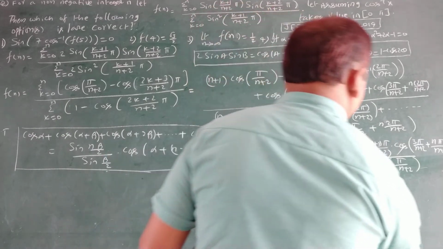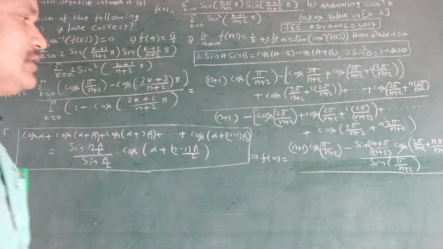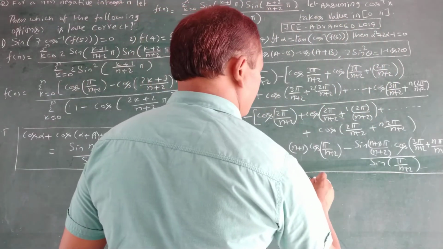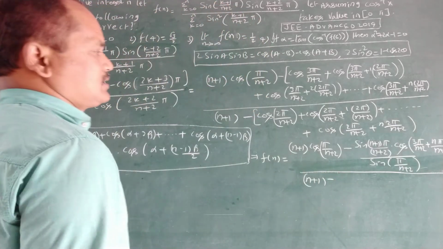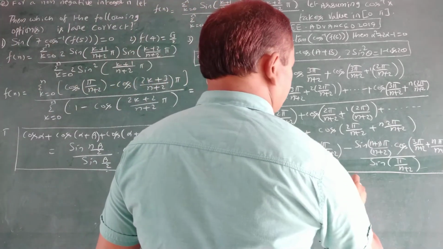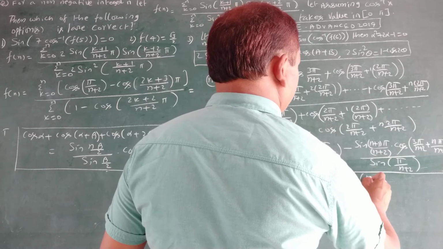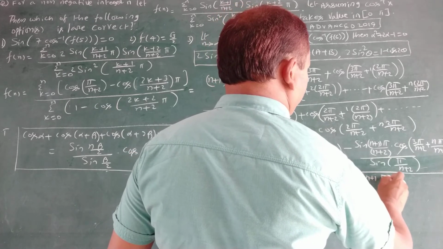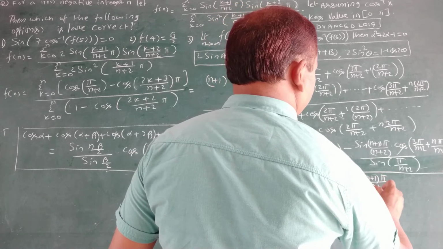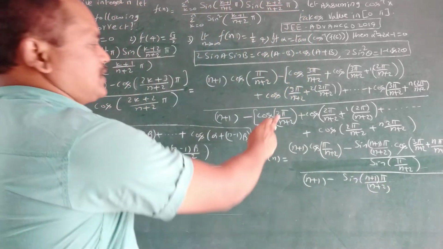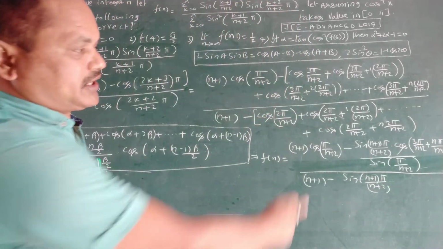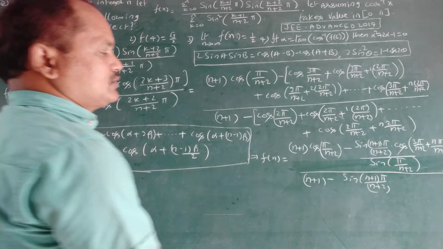Now whole by, in the denominator, this is n plus 1 minus, same, here it is sin n plus 1 into pi by n plus 2, since alpha is 2 pi by n plus 2, beta is 2 pi by n plus 2.